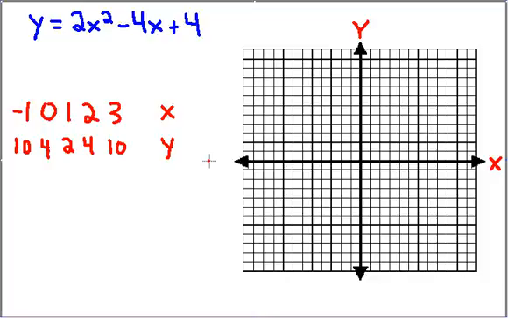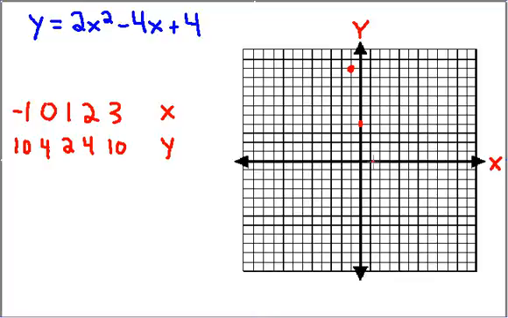At this point now, let's go ahead and plot these points onto our graph. Our first one is minus 1, 10. So we come to our origin and come left minus 1 and then up 10. 5, 6, 7, 8, 9, 10. There's our first point. Our second point is 0, 4. So we start at our origin, x is 0, and then up 4. Our next one is 1, 2.